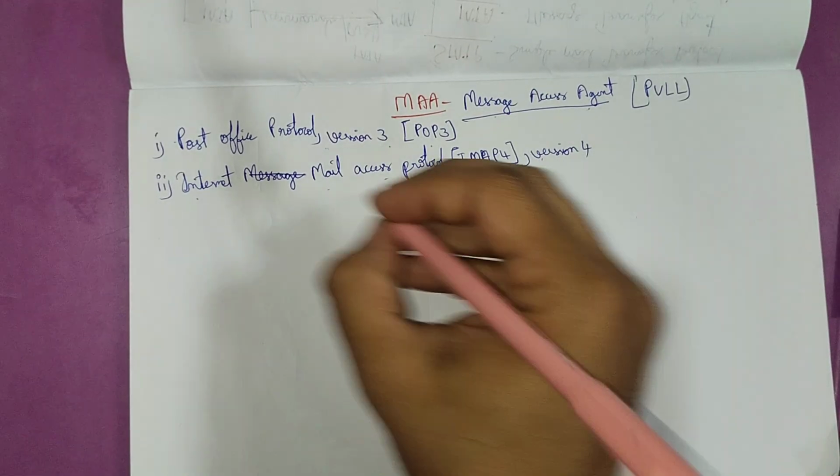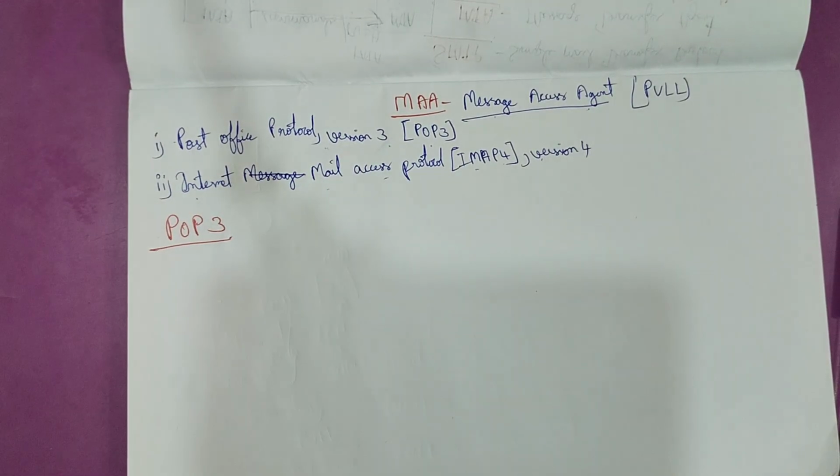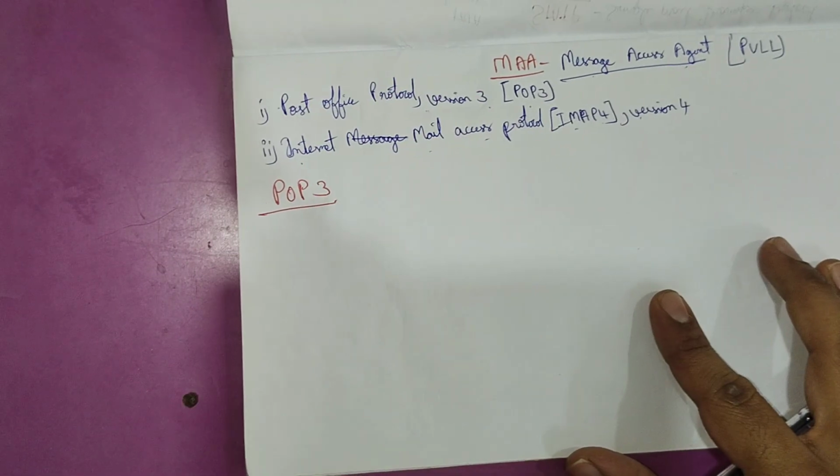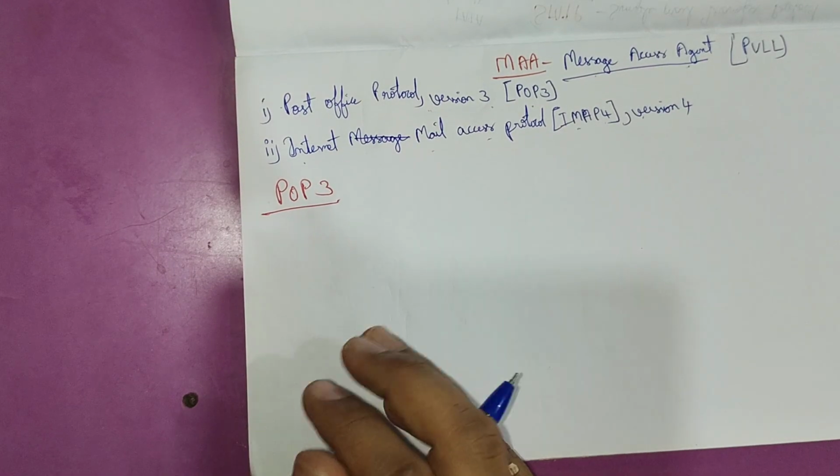In this particular video, we are going to discuss POP3 and how it works. POP3 is simple and has limited functionality. The client POP3 software is installed on the computer you are using.